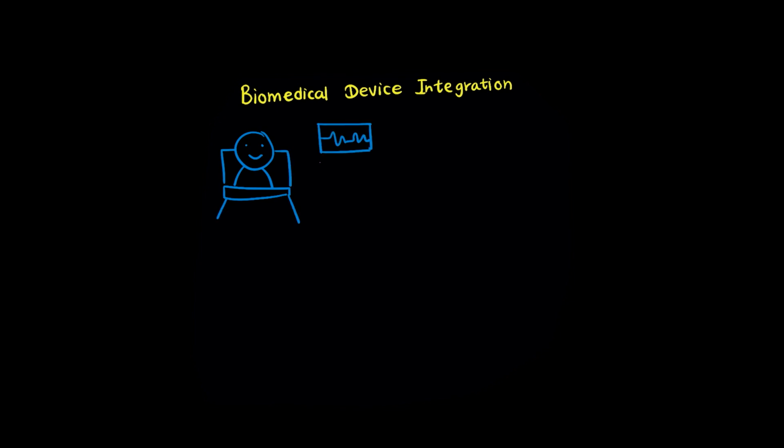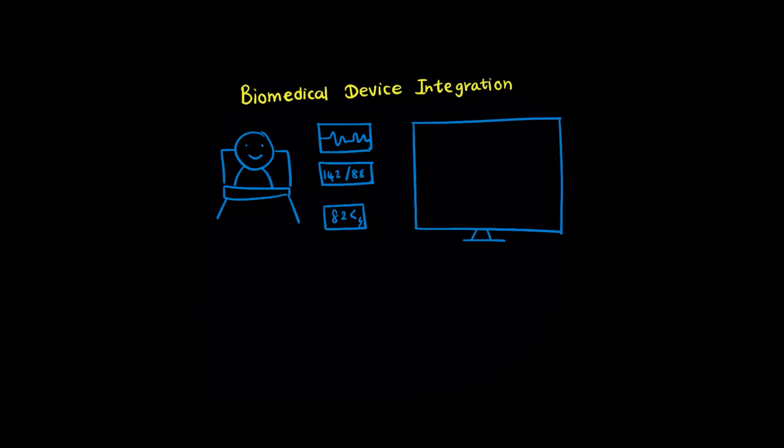Let's examine the transformative power of biomedical device integration and why it's revolutionizing vital sign documentation. When we talk about blood pressure monitors, cardiac monitors, and pulse oximeters connected directly to the electronic health record, we're describing a fundamental shift in how data moves from patient to chart. This technology doesn't just reduce documentation time, though.